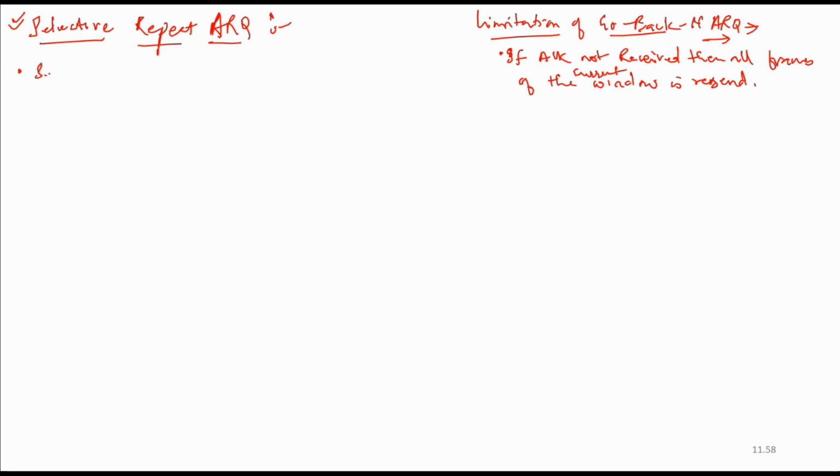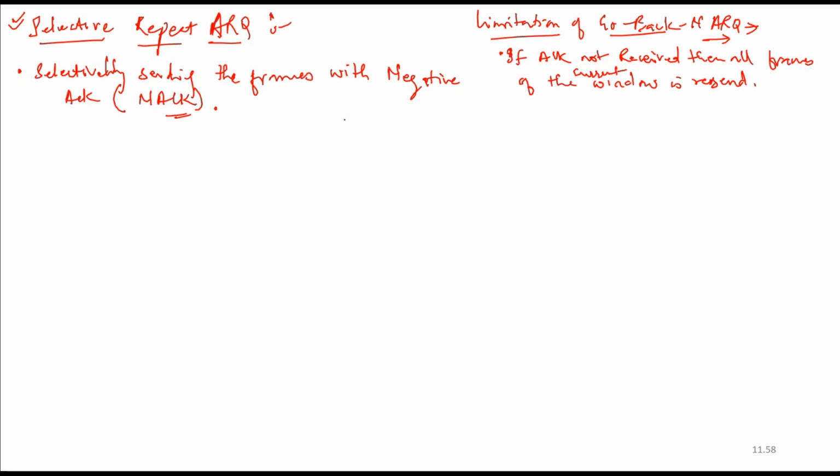It will selectively send the frames with a negative acknowledgement, which is NACK. For those frames whose acknowledgement has not been received, the receiver sends a negative acknowledgement. So suppose this is the sender and receiver.